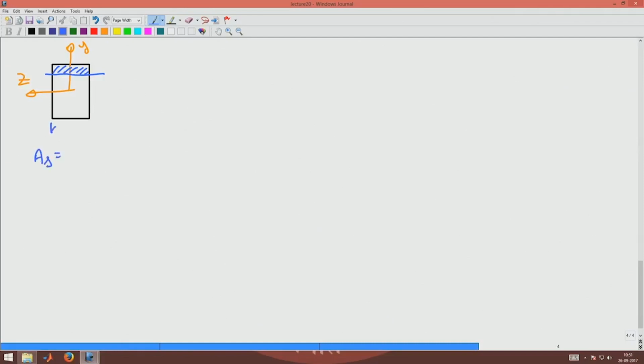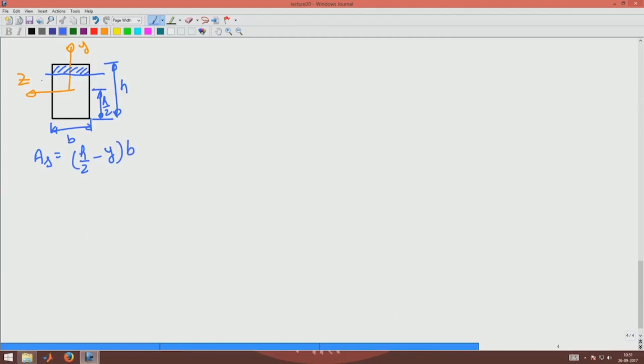If this width is b and the depth is h, the centroid would be at a distance h by 2. So, the area of the shaded region would be h by 2 minus y into b.